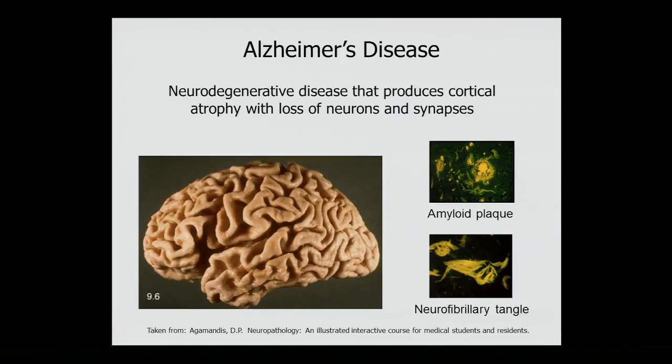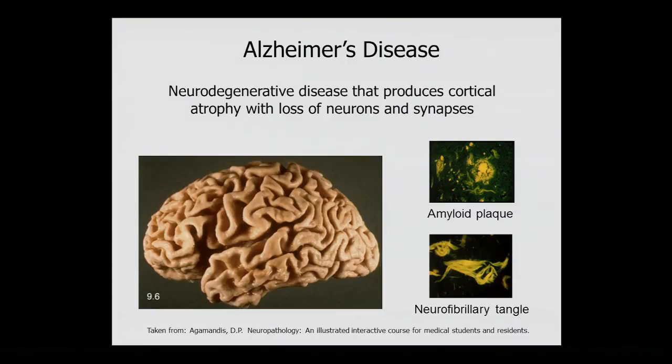The primary pathologic hallmark of Alzheimer's disease is microscopic inclusion bodies or lesions known as plaques and tangles. The plaques and tangles and the atrophy and neuron loss are distributed in the mediotemporal lobe region and in the cortex, but not all aspects of cortex are affected.